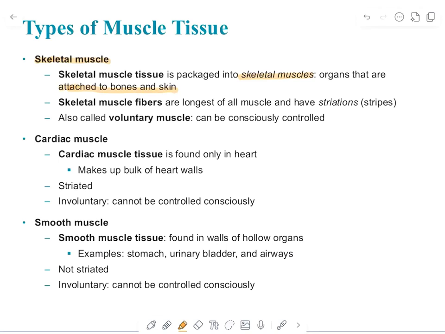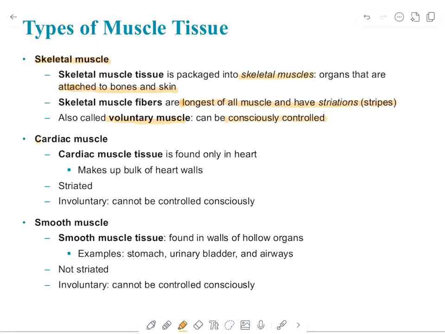Skeletal muscle fibers are the longest of muscles, and they have striations, which are stripes in the muscle that we can see under the microscope. Skeletal muscle is voluntary, which means it's consciously controlled, and we have to make a decision to actually contract it. The other two types are not consciously controlled, so they are what we call involuntary.